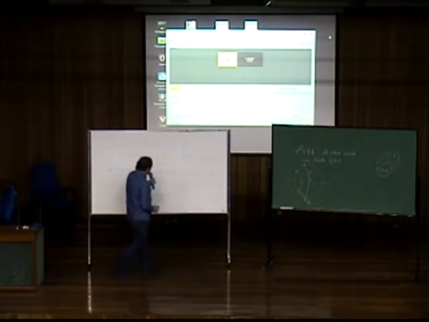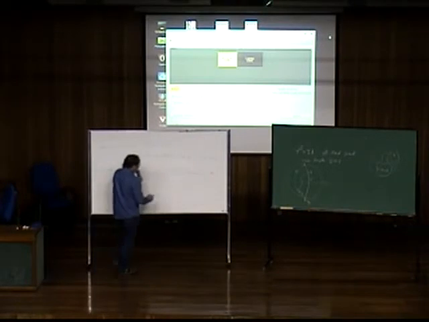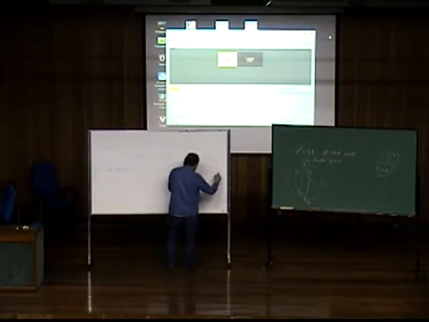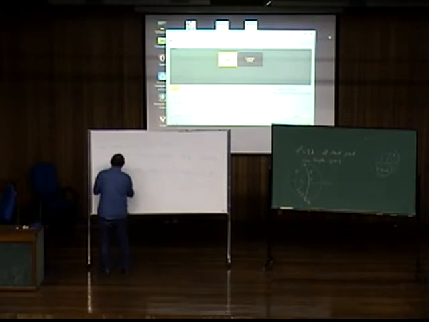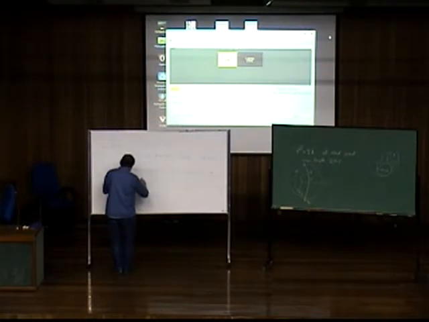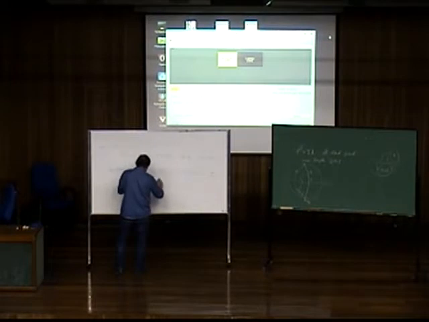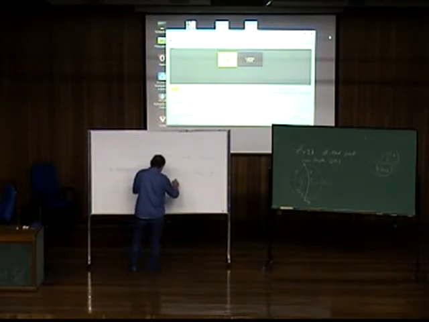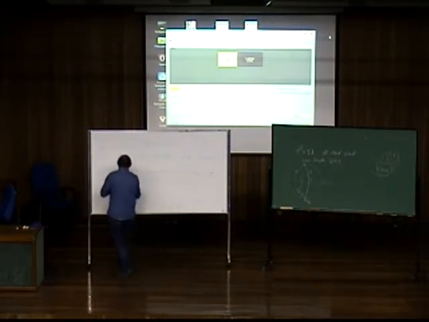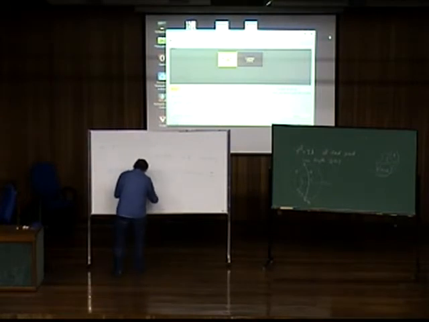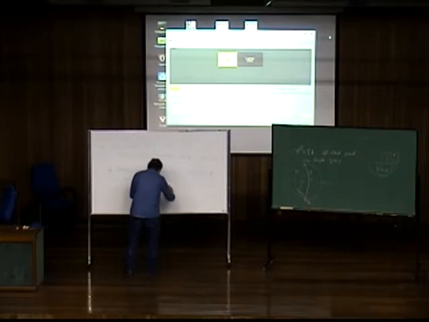Unlike the geodesics going from North Pole to South Pole, and it has the following property. Two possibilities. A, it has length pi over lambda with w equal to 1. And B, it has length pi over 1 minus lambda with w equal to minus 1.